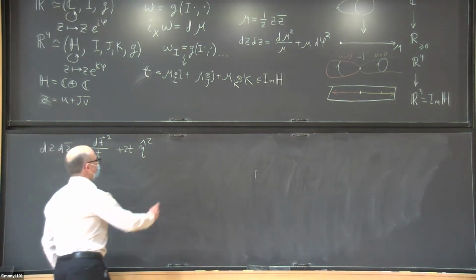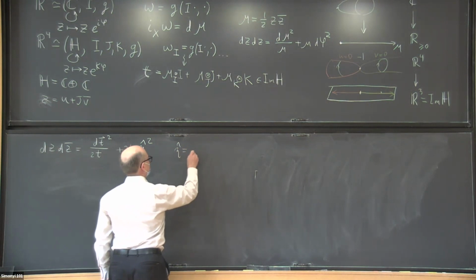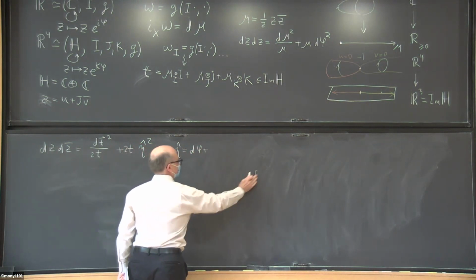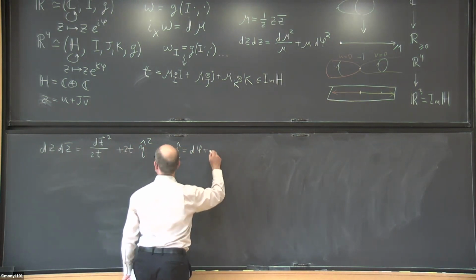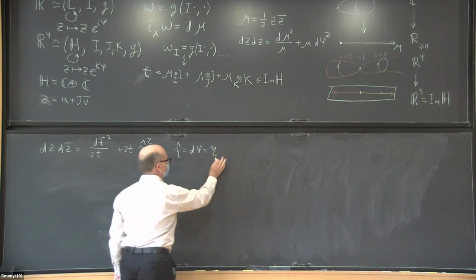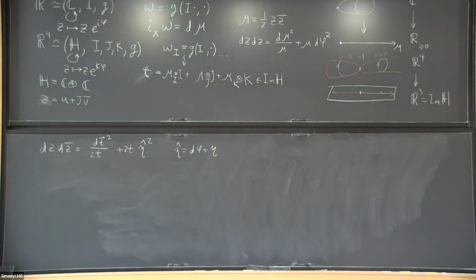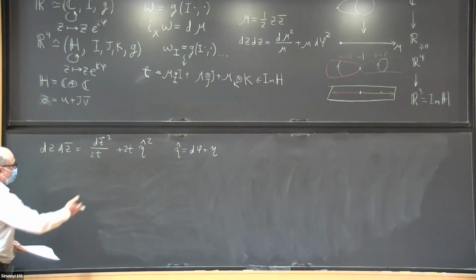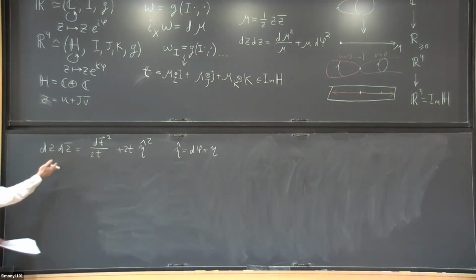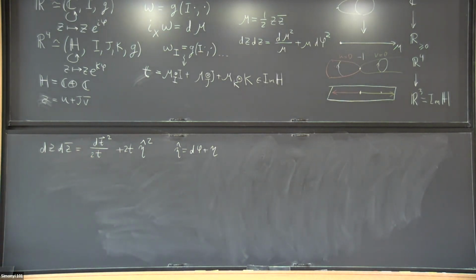So if you like, locally, you can write this form as d phi plus some local one form, where you can think of it as a connection on this Hopf fibration. And as usual, there's a sort of apparent singularity, but we know that this is just a flat metric, so we can get rid of it by changing the coordinates.